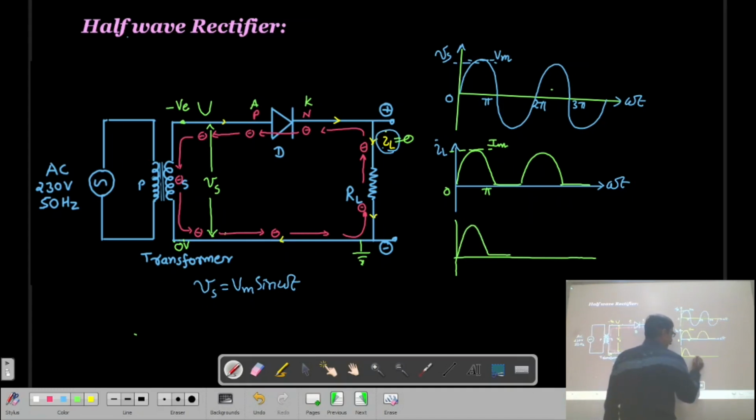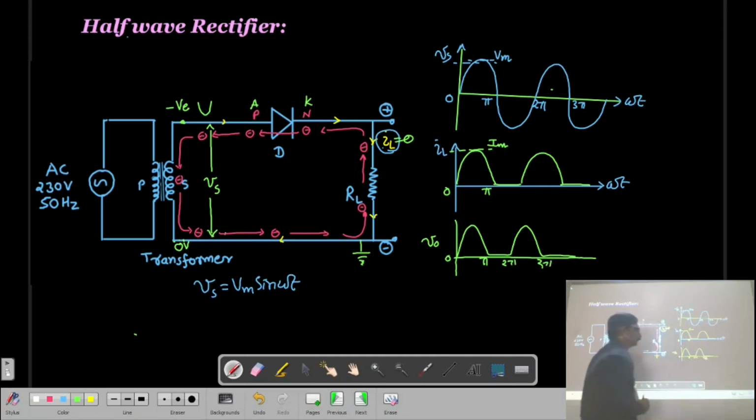So here it will always be like this. This is my output voltage, 0, pi, 2 pi, 3 pi. Because V is equal to IR, R is constant, when I increases, the output voltage will increase, when I decreases, the output voltage will also decrease.